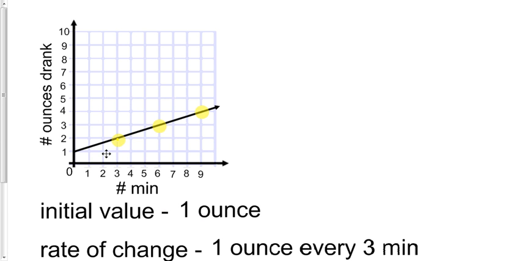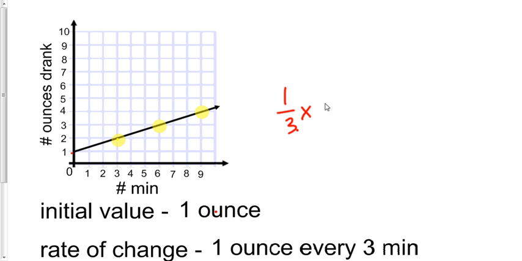Here, you'd have to read the graph. You'd have to understand that your initial value is 1 ounce, and that for every increase in x, it goes up 1. So the rate of change in this case would be 1 over 3, or 1/3, 1 ounce for 3 minutes. So that's my rate of change.